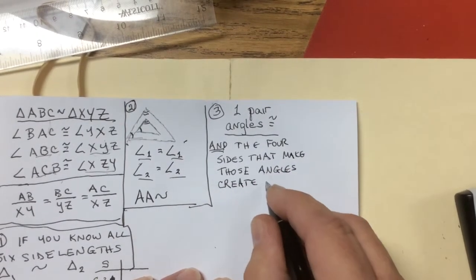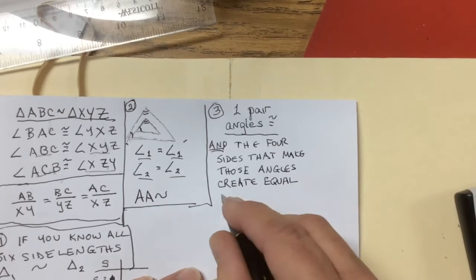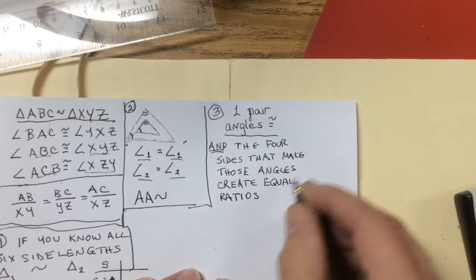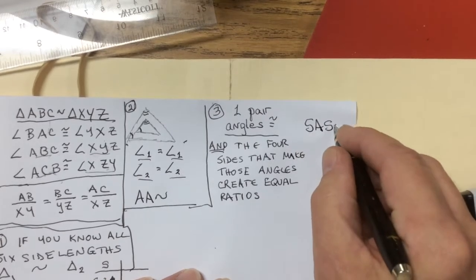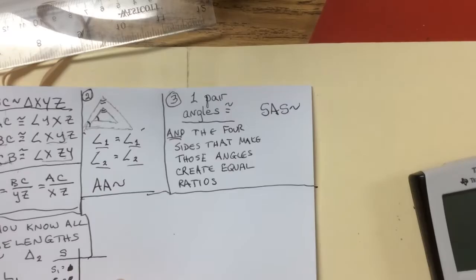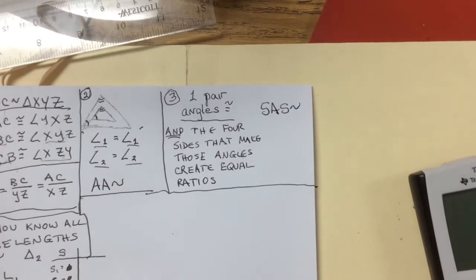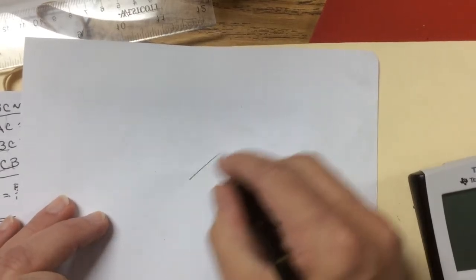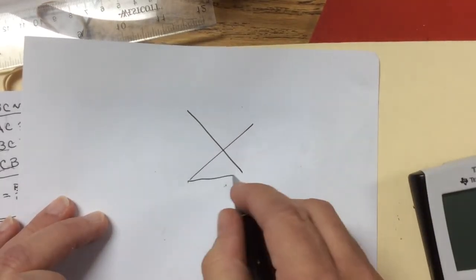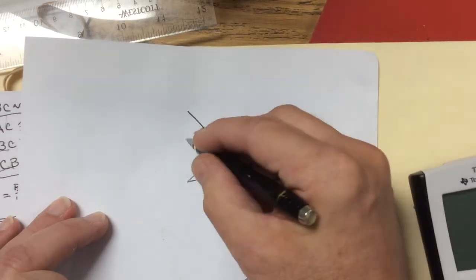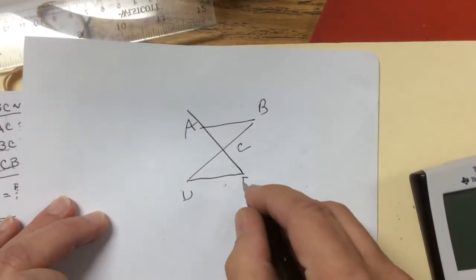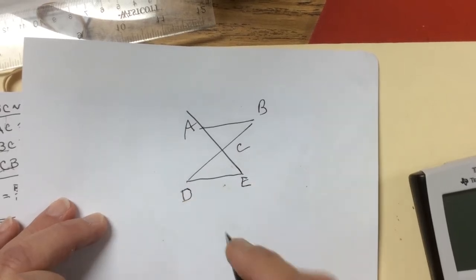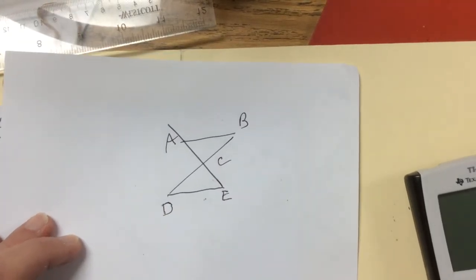I'm going to show you exactly what that means. If you have that, that's called side, angle, side. So let's go back for a moment to the example that I had for you here, where this was A, B, C, D, and E. And the very first thing I asked you is, are these similar?